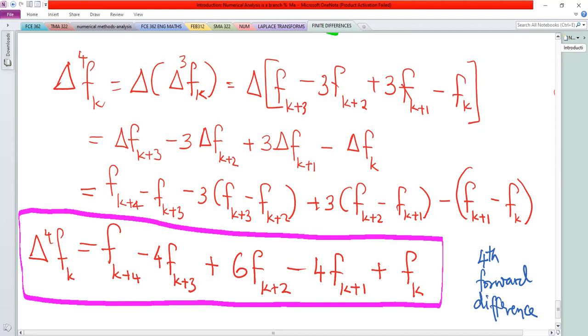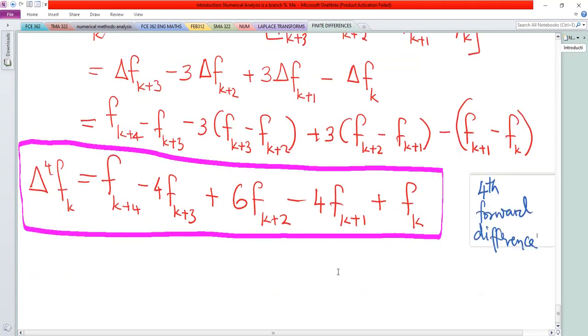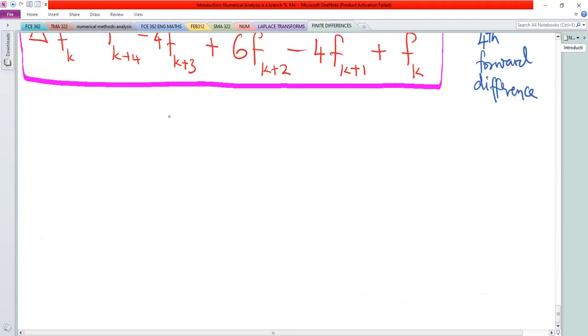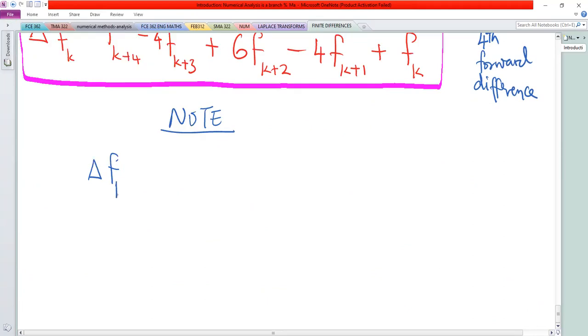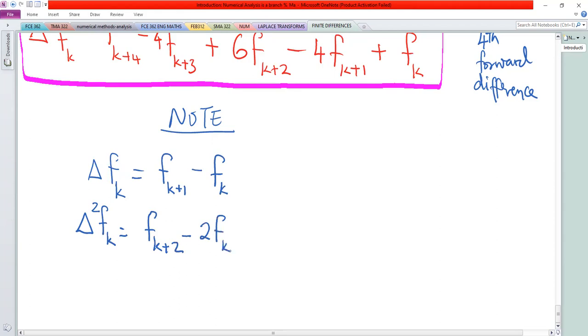Now, if you check carefully these differences from what you have calculated, note that we said the first forward of f sub k is given by f sub k plus 1 minus fk, and then second forward, we have gotten the answer to be fk plus 2 minus twice fk plus 1 plus fk.